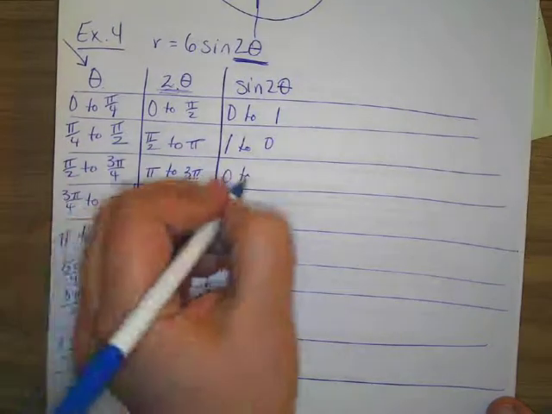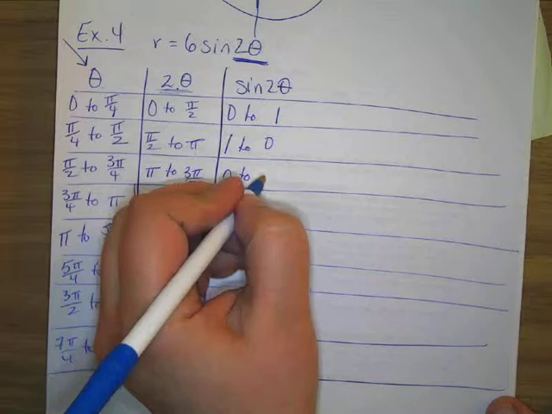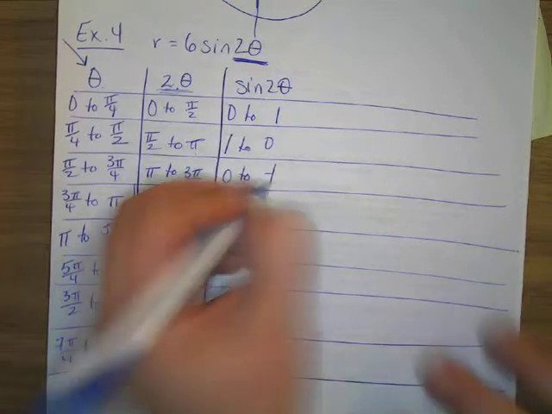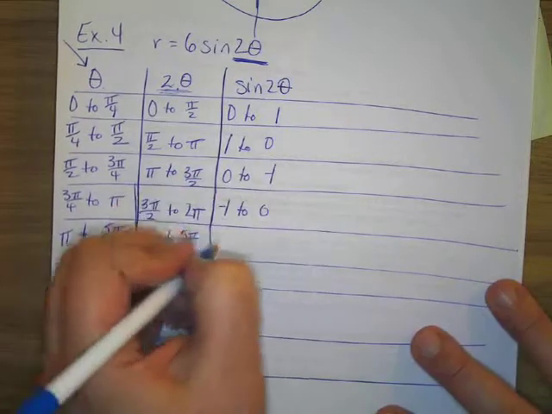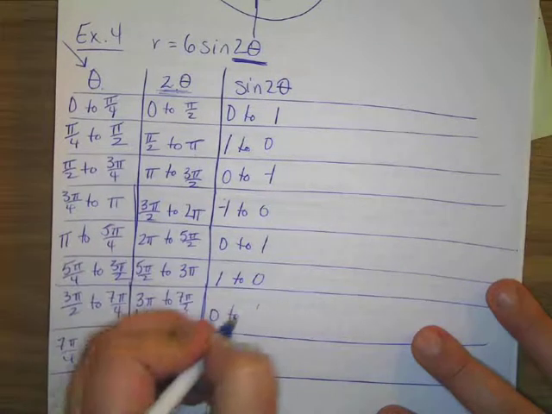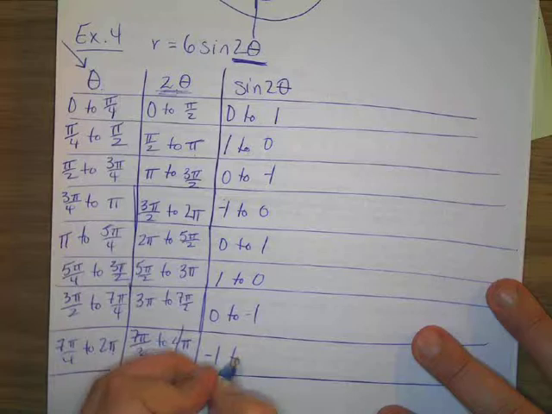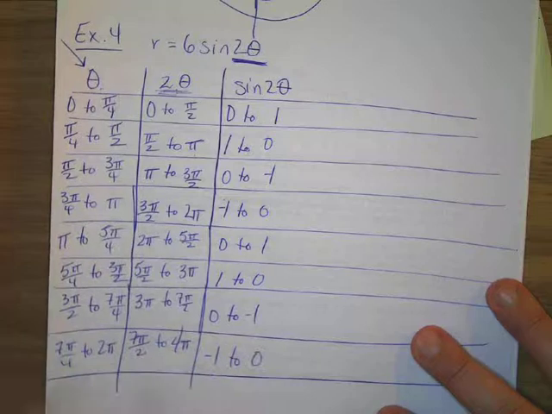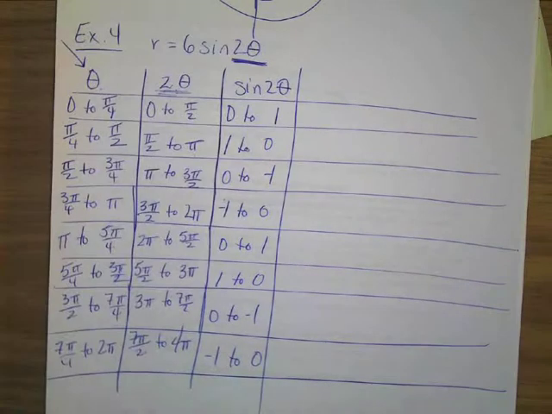And then 0 to -1. -1 to 0. It's a pattern. After a while, you don't even have to think about it. You just go. And what's the last step for this rapid sketch, or this chart? You'll multiply them all by 6.